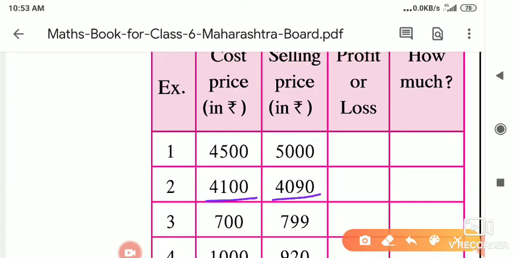If you compare these two amounts, you will notice that CP is greater than SP, and therefore there is a loss.